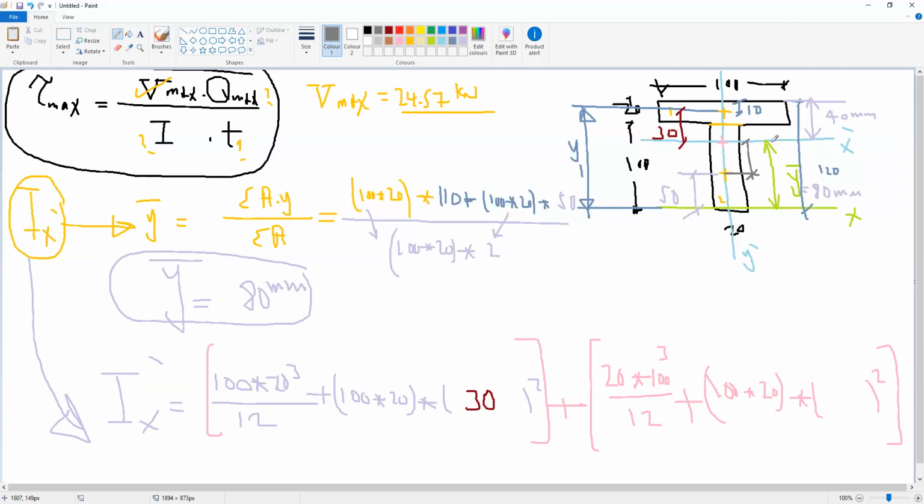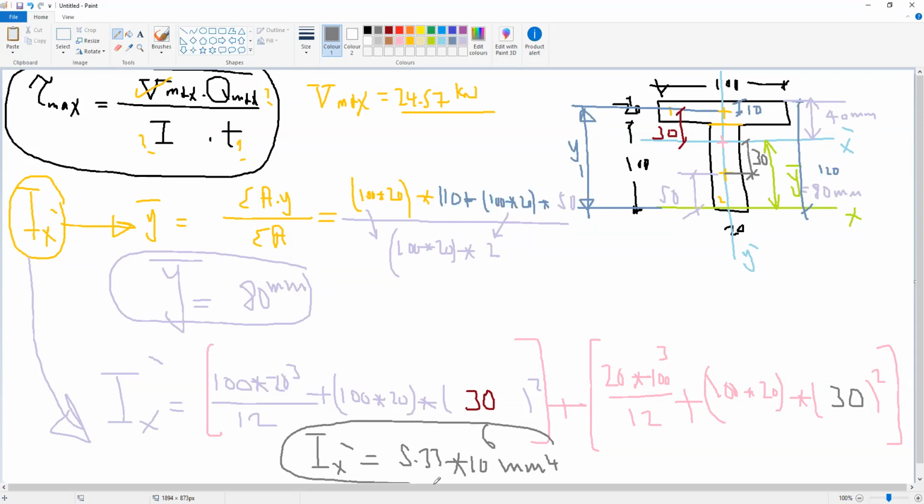Y bar is 80 and this is 50, so this will also be 30 millimeter. And now we can finally get Ix dash, which will be 5.33 multiplied by 10 to the power 6 millimeter to the power 4. So now we know Ix dash, and we still need Q max and t.